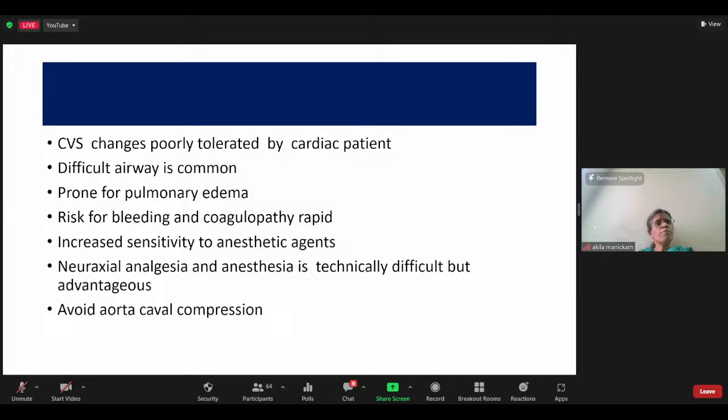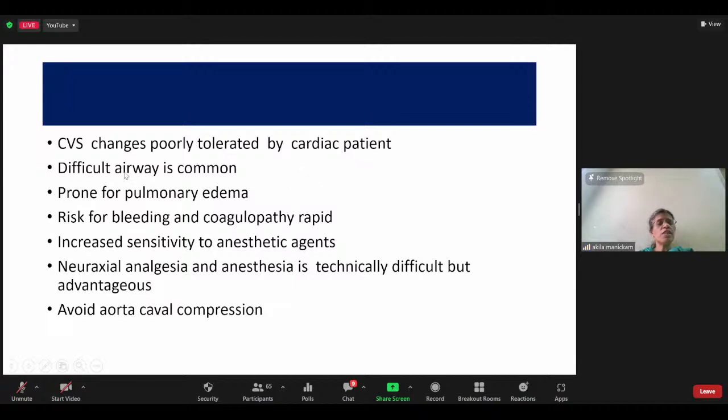Number two, if patients have congenital acyanotic and cyanotic heart disease, where your systemic vascular resistance and the ratio between SVR and PVR ultimately decides your perfusion, that is also going to be altered. So it is a very dynamic situation.